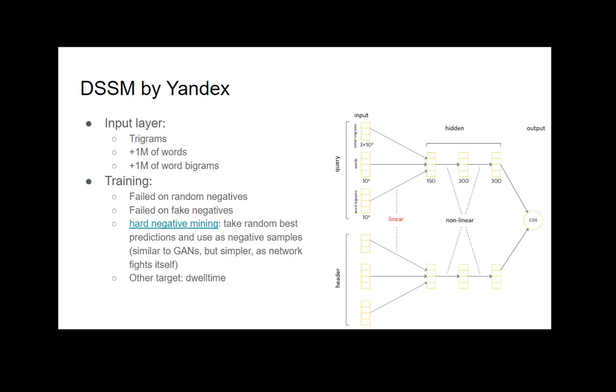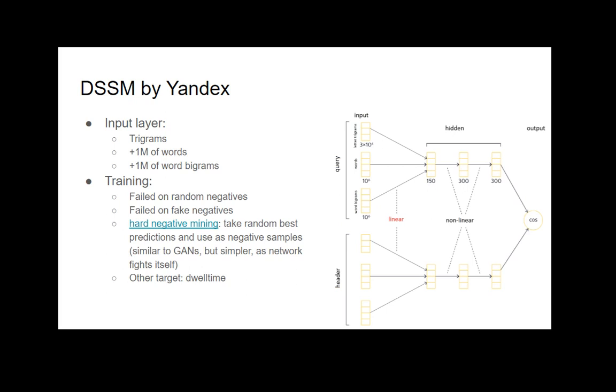And what were the approaches to fix the problem with training? The first approach was to randomly sample negative examples. So instead of not clicked, just by randomly sampling examples, you train the model. And they made the model predict this instead of predicting the relevance.